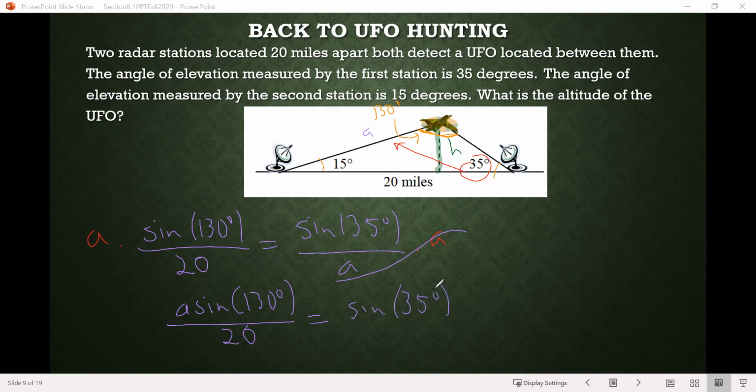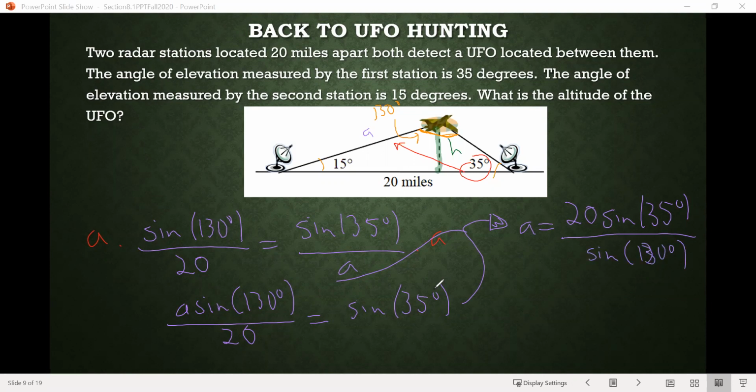Then we can multiply by 20 on each side and divide by sine of 130. What we'll end up with is that the value for A is equal to 20 times sine of 35 degrees, all divided by sine of 130 degrees.